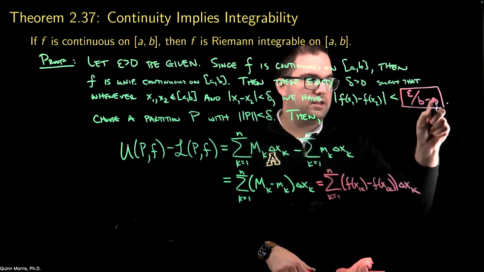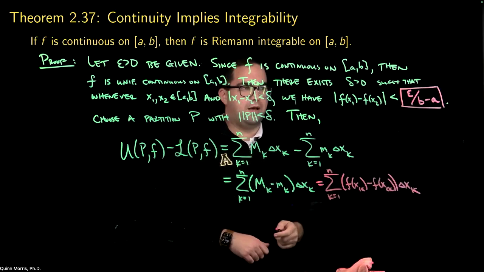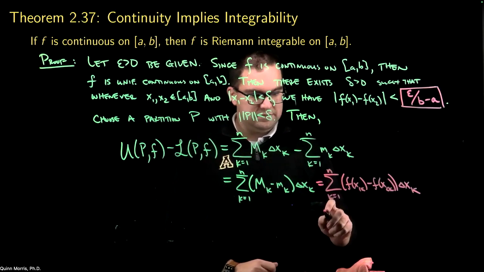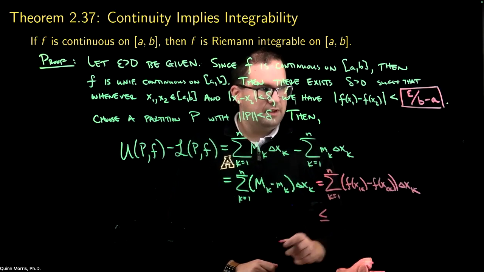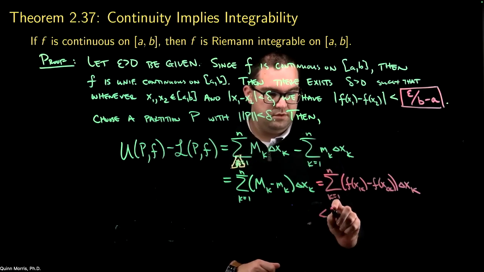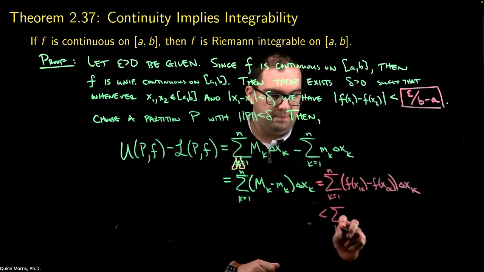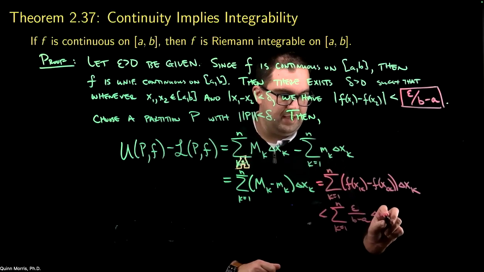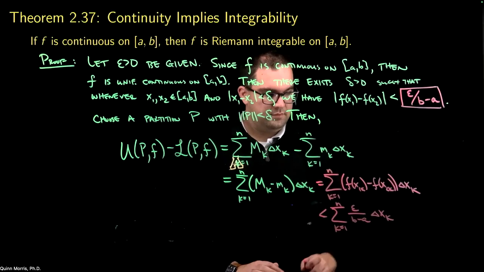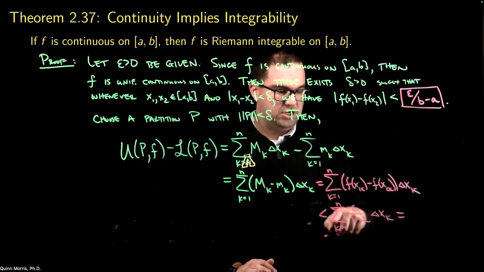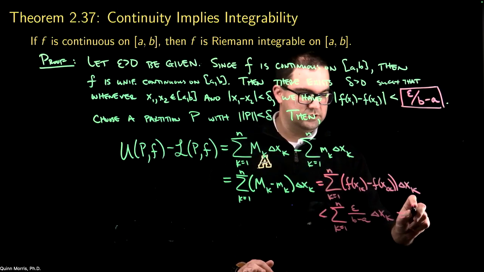I'm going to make this quantity epsilon divided by b minus a. So that if I do this, this will be strictly less than the sum k equals 1 to n of epsilon over b minus a times delta xk. But epsilon over b minus a is a constant as far as the sum is concerned.